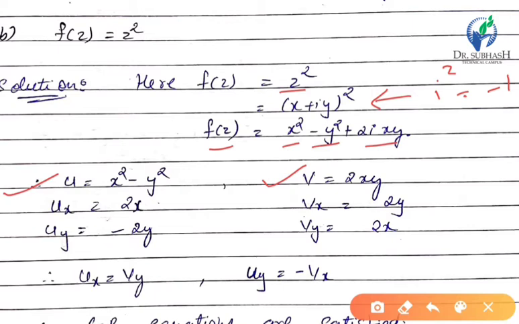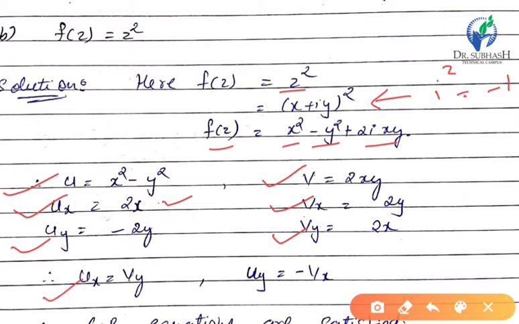First I differentiate u with respect to x, so the differentiation of x^2 is 2x, rest of the term will become 0, and uy will be -2y. Similarly, I differentiate v with respect to x, I get 2y, and with respect to y, I will get 2x. Now we can see here ux = vy = 2x.